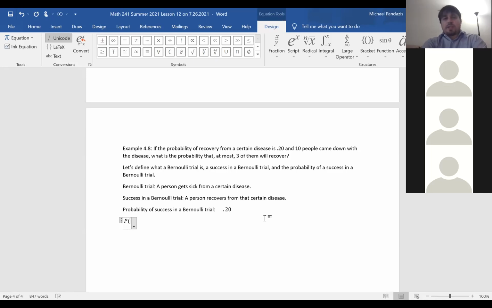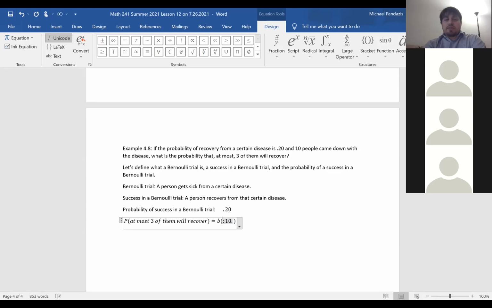So we want to find the probability that at most 3 of them will recover. Well, that's equal to the binomial probability, the value of the binomial distribution. Okay, so we're going to have a colon and we're going to have a comma. I want to put the number of trials first because it's the easiest. 10 of them come down with the disease, so we have the number 10 here after the colon.